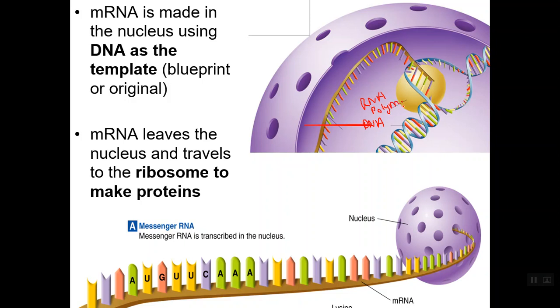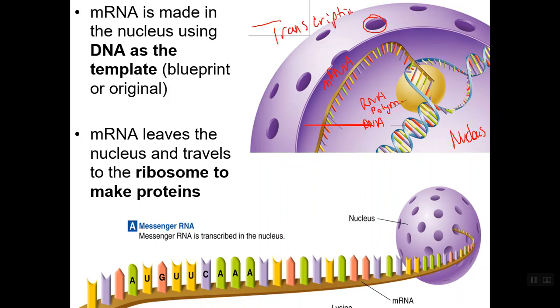I'm going to abbreviate. And this yellow strand here coming off is the messenger RNA molecule. And the environment, this big purple ball, is the nucleus. And obviously these little holes are the nuclear pores, right? So this is transcription.